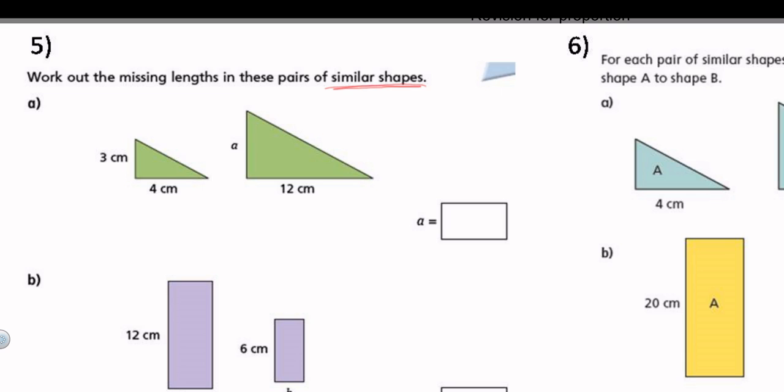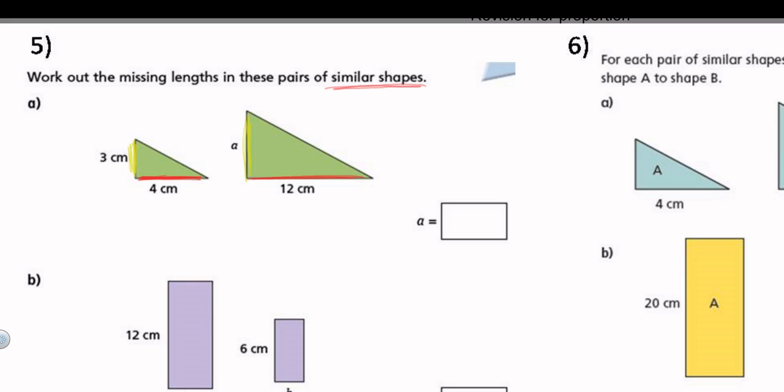So if you look at this now, this side here is 4 centimeters. The bottom side of this triangle is related to the bottom side of the bigger triangle. And the left hand side of that little triangle is related to the left hand side of the big triangle.